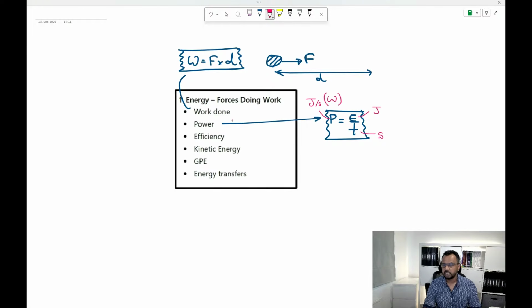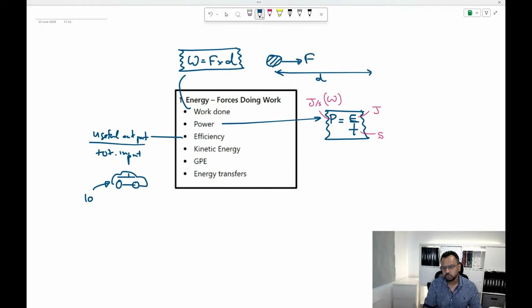Capital W. Efficiency. Efficiency is basically useful output divided by total input. Now listen up, guys. Let me give you a very, very simple example to quickly explain it. Imagine a car, and let's say this is a normal petrol car, and you give 1,000 joules as the input by chemical energy.